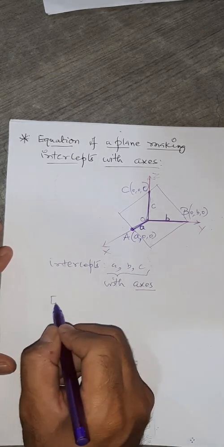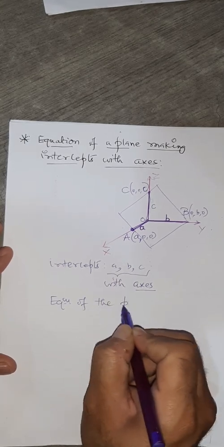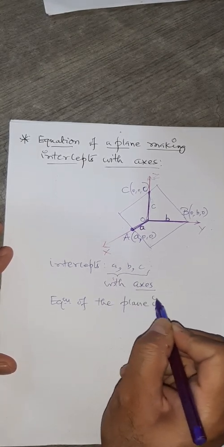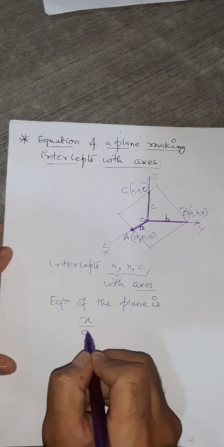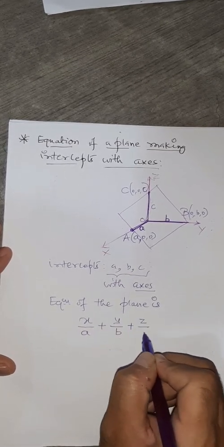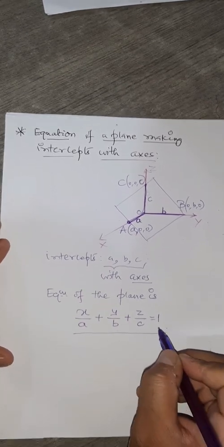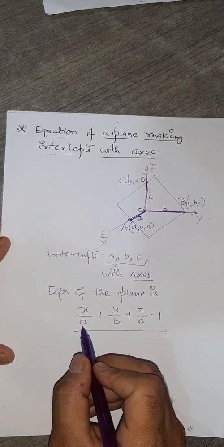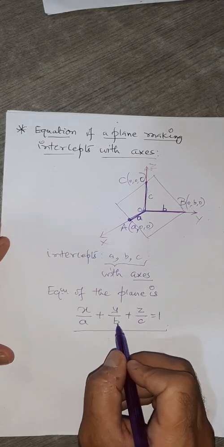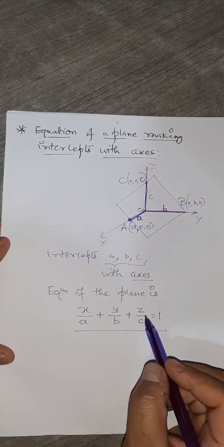So the equation of the plane in this case, as we have discussed, is x upon a plus y upon b plus z upon c equals to 1. This is the required plane which has small a intercept with the x-axis, small b intercept with the y-axis and small c intercept with the z-axis.